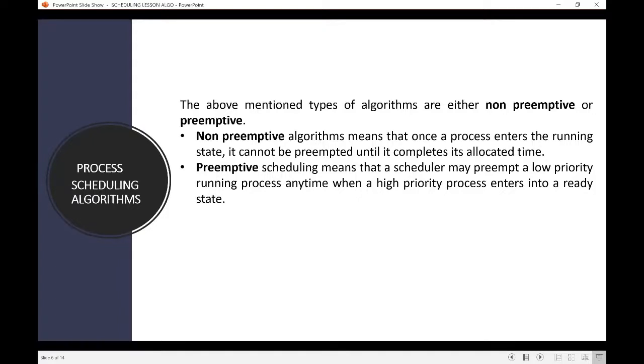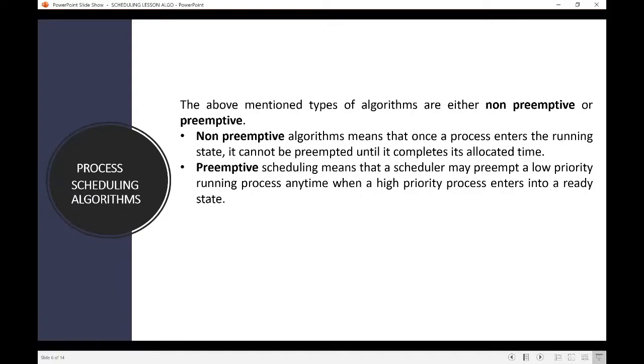Then in preemptive scheduling, the scheduler may preempt, may interrupt a low priority running process anytime when a high priority process enters in a ready queue or in a ready state, which means there is a process P1 being executed.